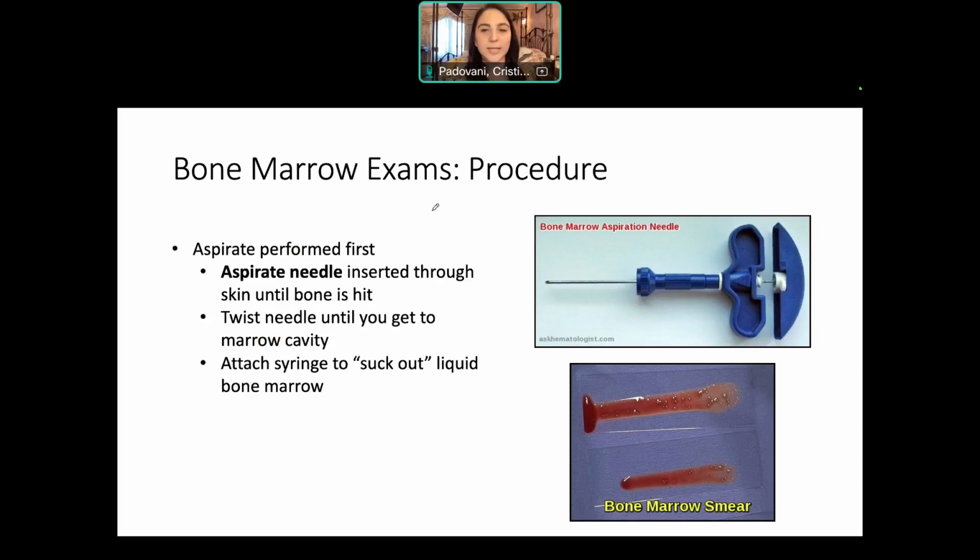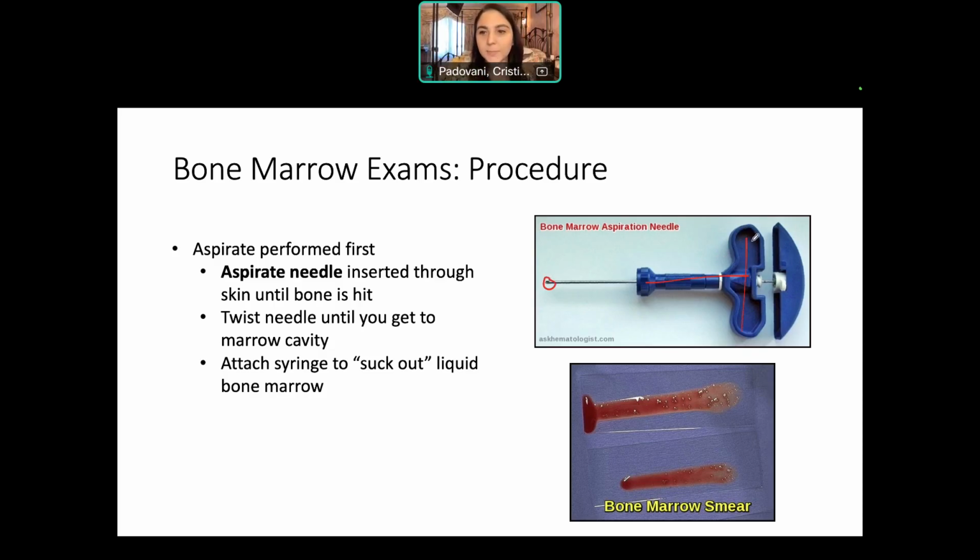Here's how this works: you do the aspirate first. You insert the aspiration needle, which, this is kind of confusing. I have seen this on third year. You drill in what is called a Jamshidi needle. I like telling you guys that because it's a funny word and a fun trivia fact. This makes sure you're getting into the bone marrow part of the bone.